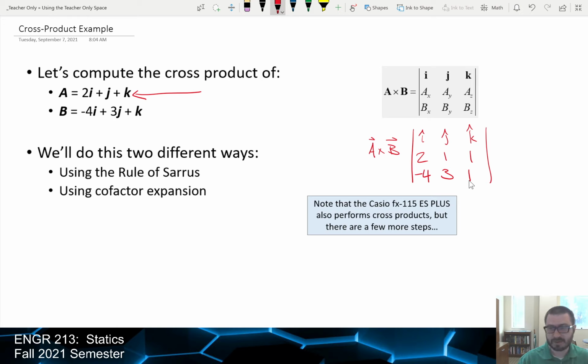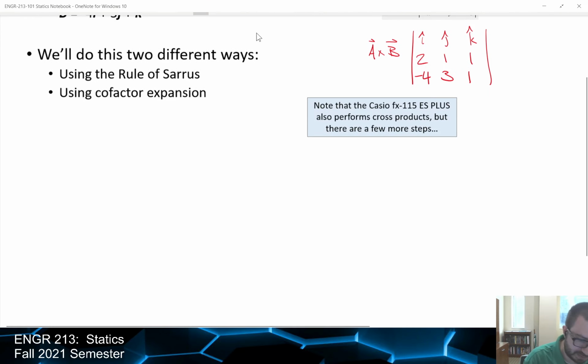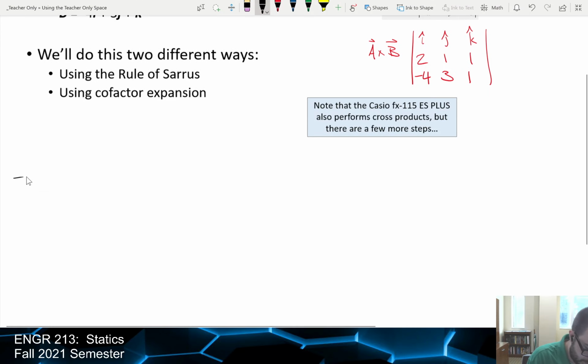Okay, so we're going to do this two different ways. The first way that we're going to do it is called the rule of Sarrus. So let me show you how the rule of Sarrus works.